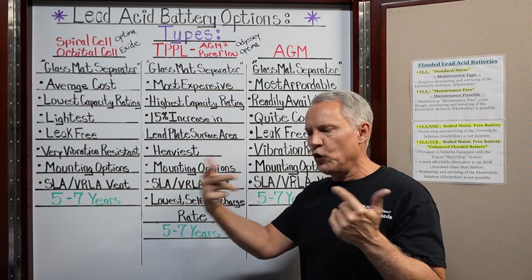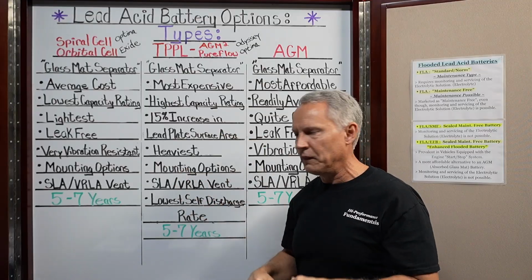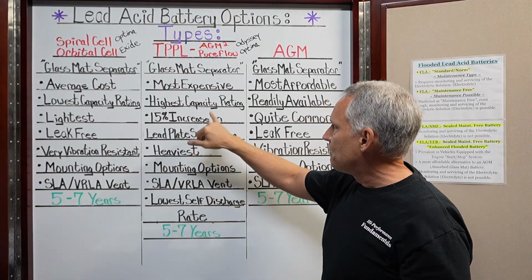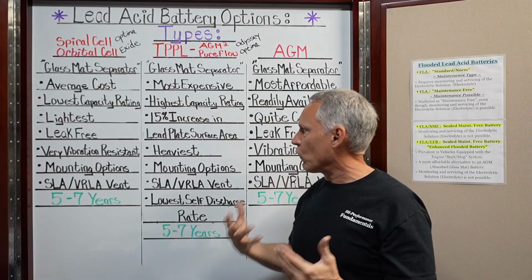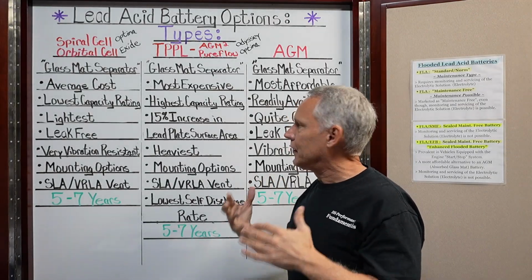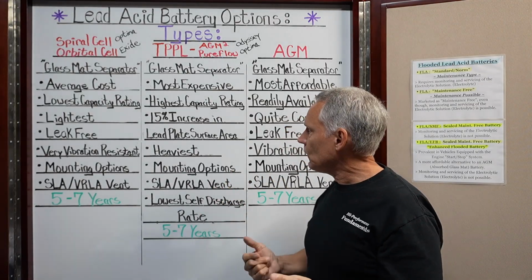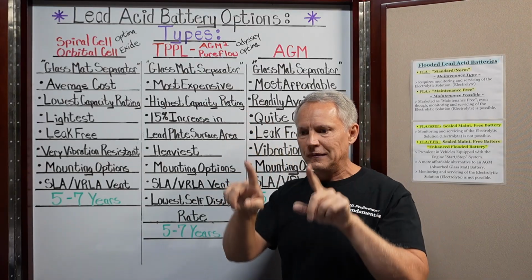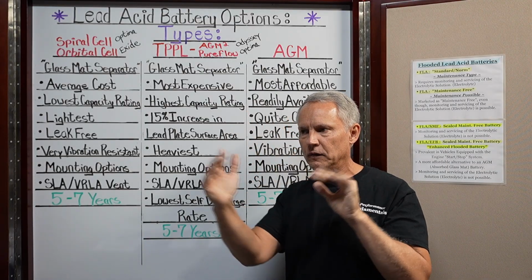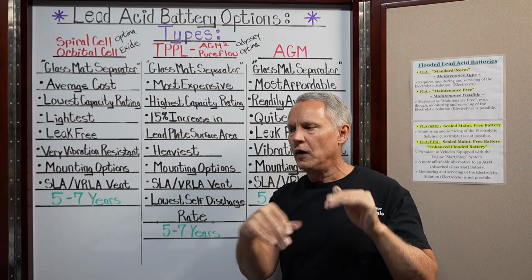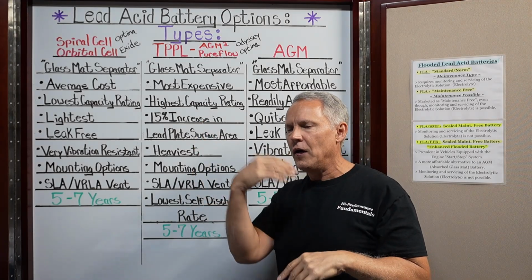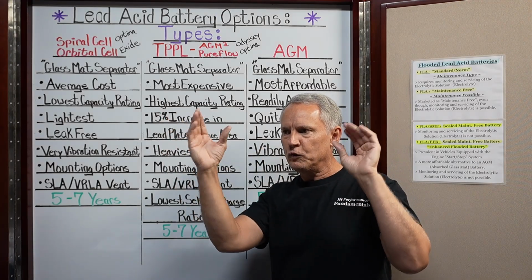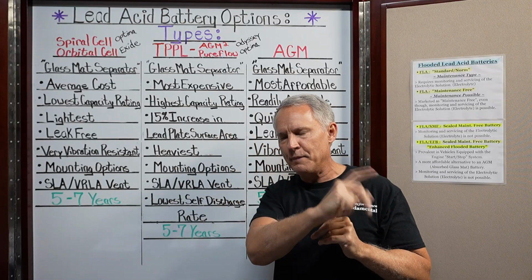But if you compare two equal batteries, same height, same width, same length, the one with the thin plates is going to have a greater battery energy capacity, right? And here's why. If you have a given space inside a battery where the cell is located, a 12-volt battery's got 6 cells, a 14-volt battery's got 7 cells, a 16-volt battery's got 8 cells, which means those are compartments down inside that battery.